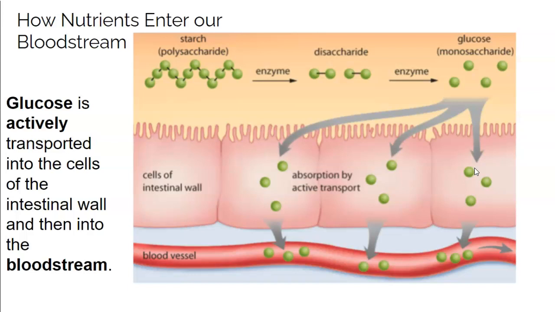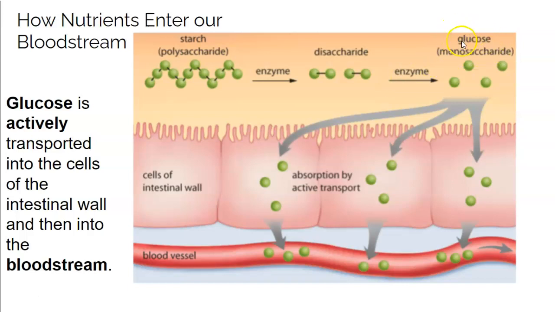What essentially it's showing is the journey of carbohydrates. It starts as a polysaccharide. We know that salivary amylase and pancreatic amylase break it down into some disaccharides. As a disaccharide, we have carbohydrases like maltase, sucrase, and lactase that break it down into a monosaccharide.